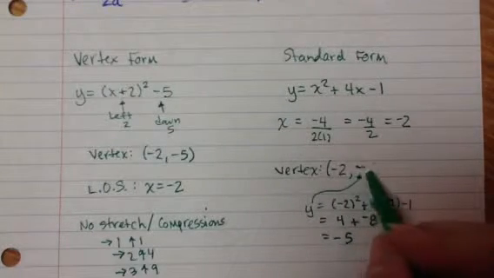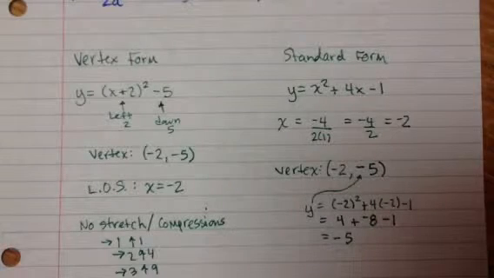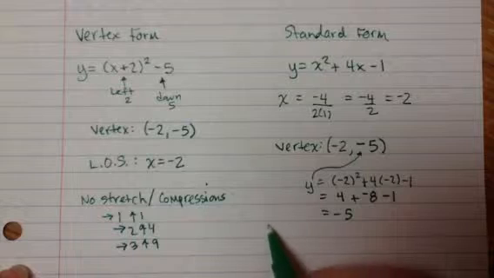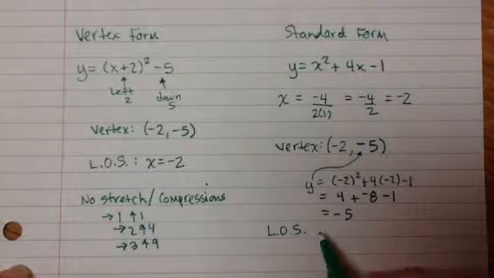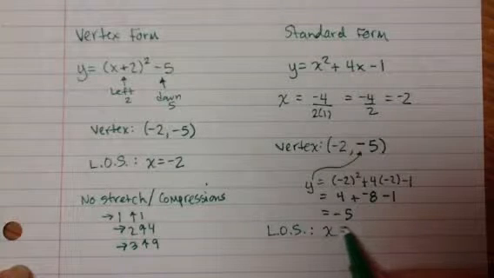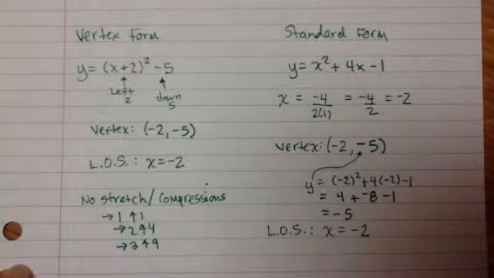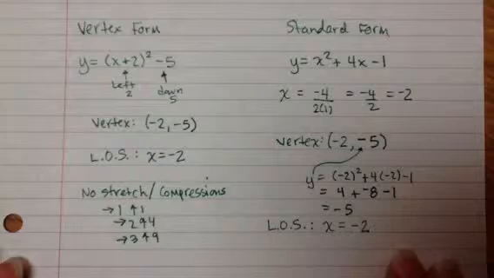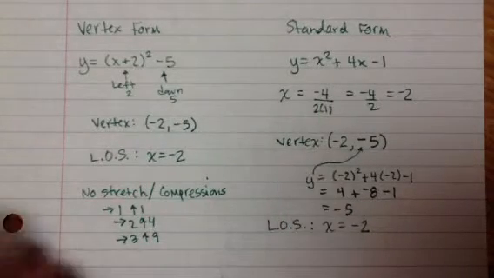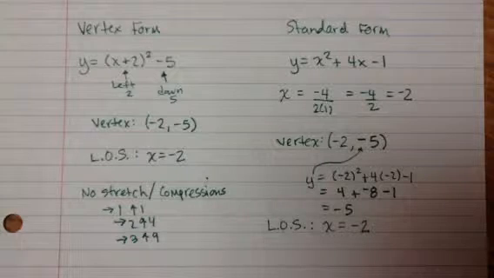So y is -5, and that's where the vertex is. The line of symmetry for this graph goes right through that x-coordinate of the vertex, so it will be x equals -2 as well. Now you're going to notice that I have the same vertex for these two parabolas. Well, that's because they are the same parabola.